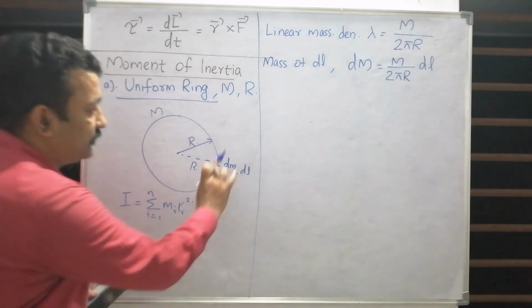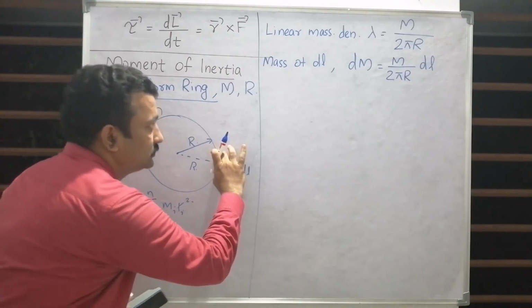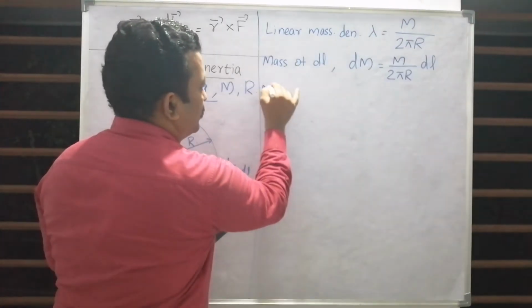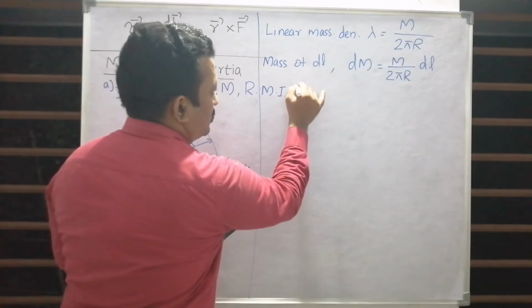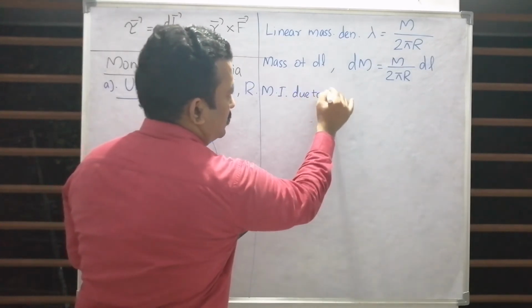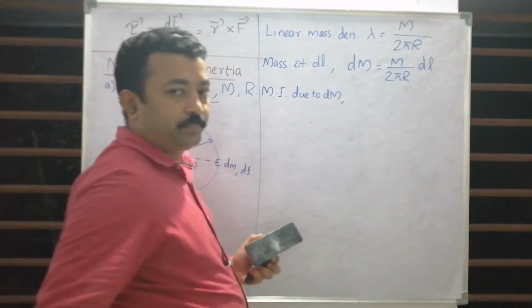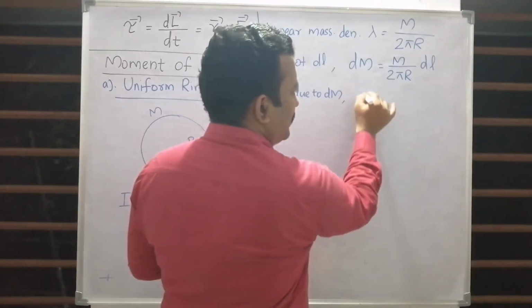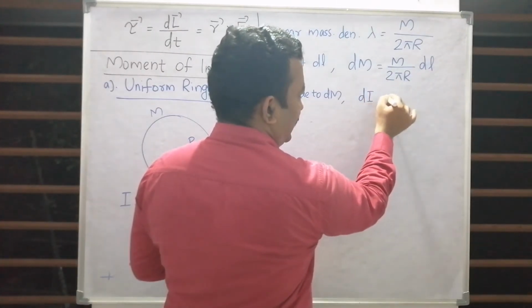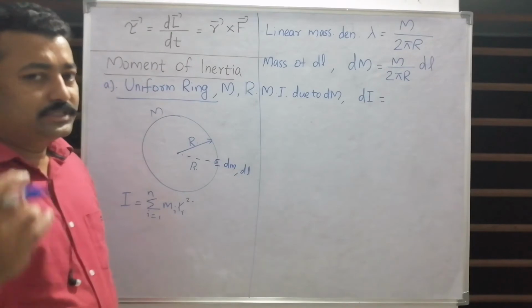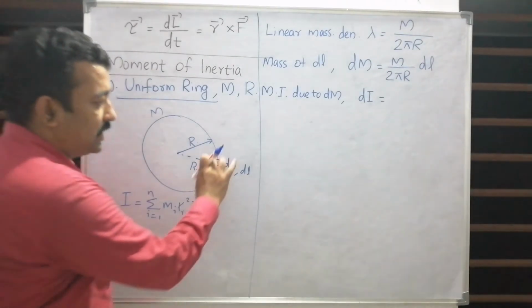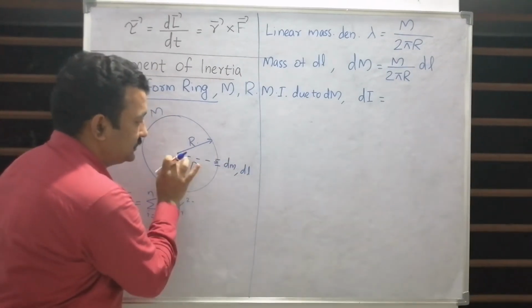What will be the moment of inertia due to the small element? Let me call that a small elemental moment of inertia, that is dI. We know for a single particle, moment of inertia is the mass of that particle multiplied by the distance.